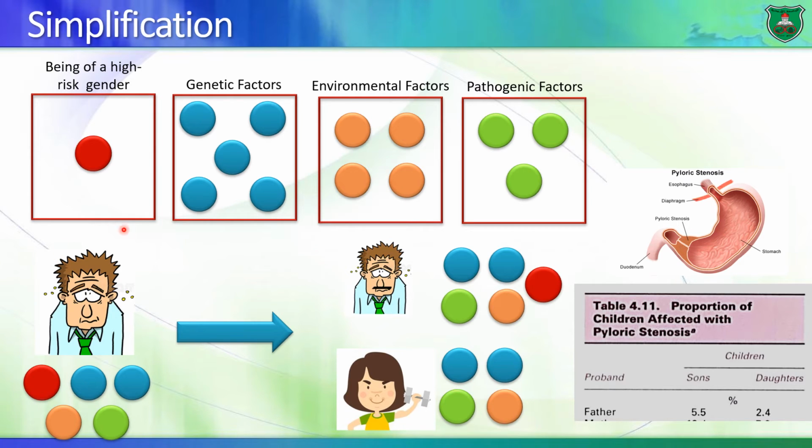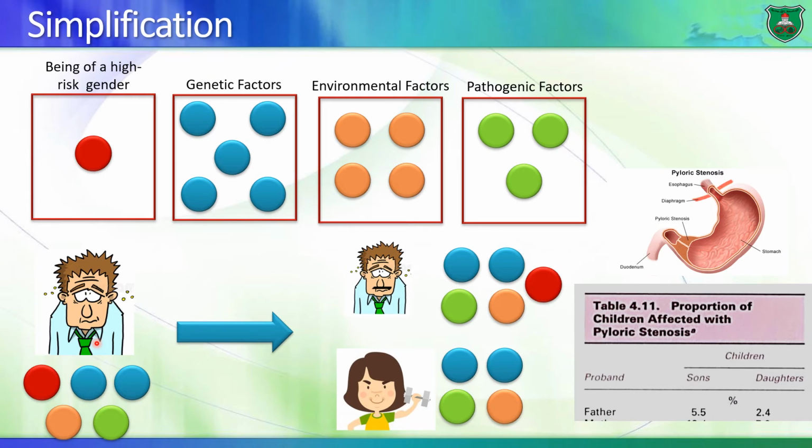So let's say that this father right here has the following combinations: 2 genetic factors, 1 pathogenic factor, and 1 environmental factor. In addition to being a male, this person is sick. This person is having that disorder.